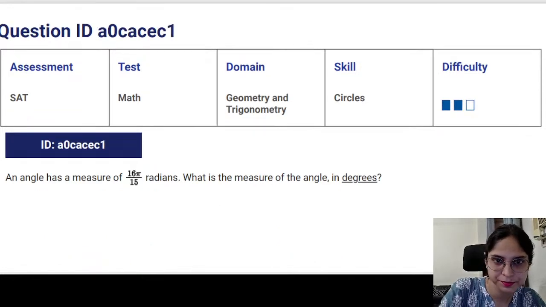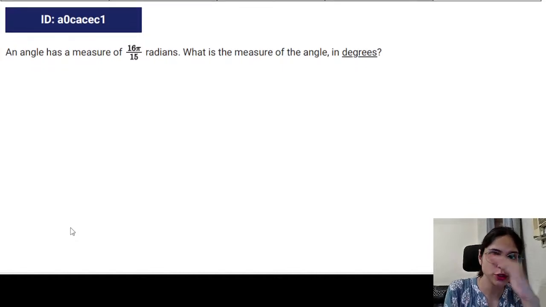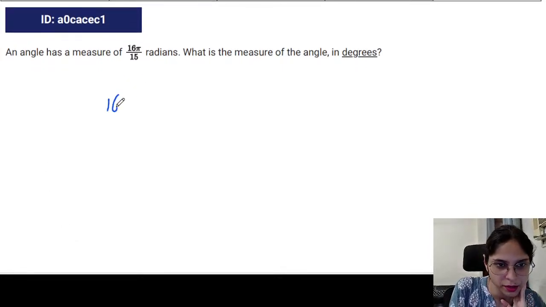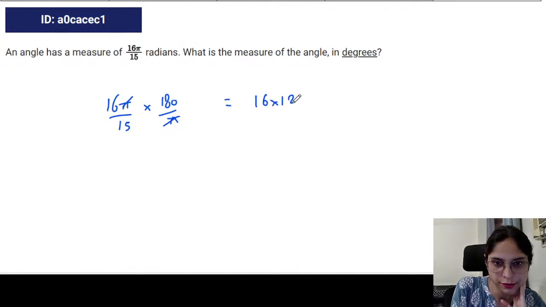Exact same question. It is given in radians, you have to find in degrees. So 180 should be on the top, pi should be on the bottom because we want to cancel this pi. So 16 pi over 15 times 180 over pi, and this is just 16 times 12, 192 degrees.